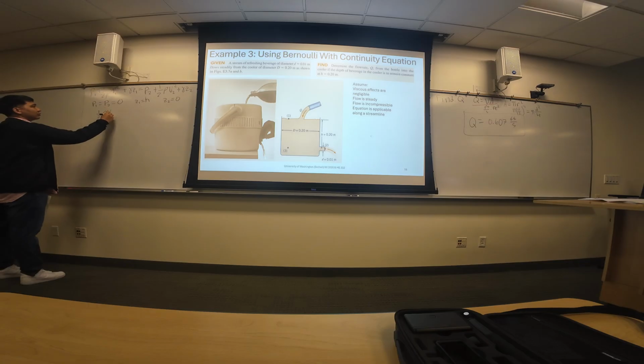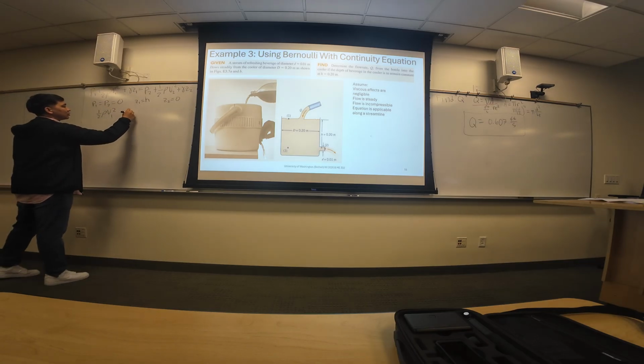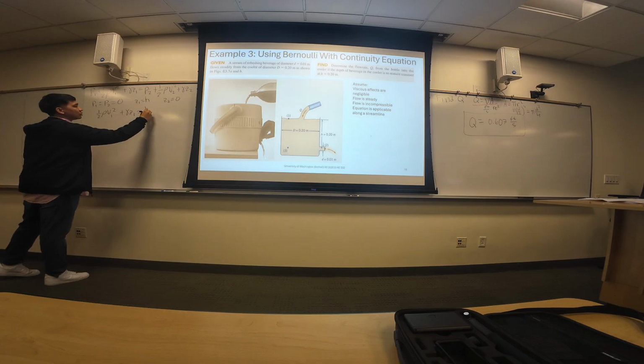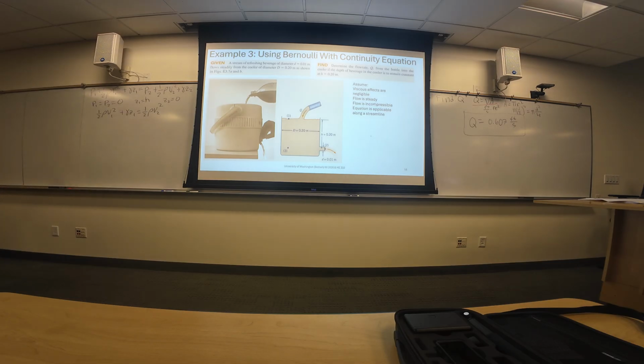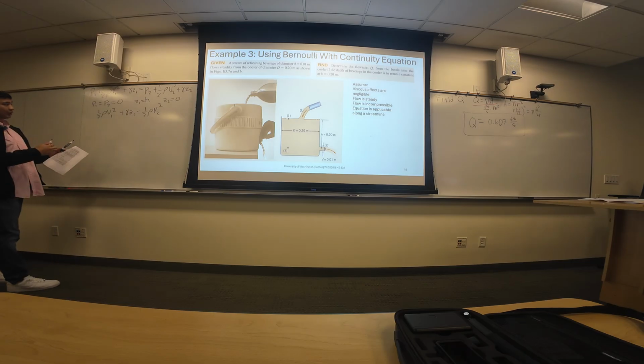1/2 rho V1 squared plus gamma H equals 1/2 rho V2 squared, and then I guess we can solve this in terms of V1, V2. Let's just keep this now and dive into our continuity equation.